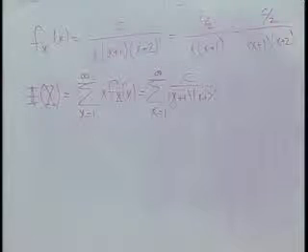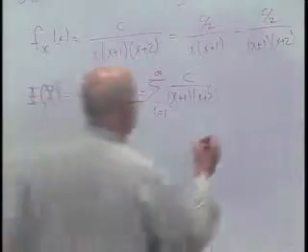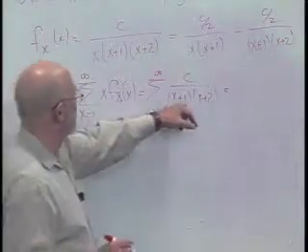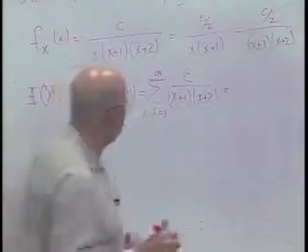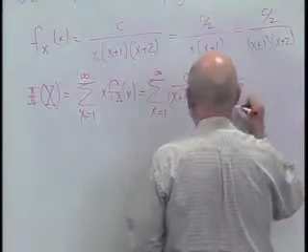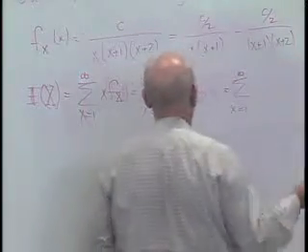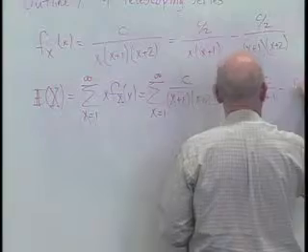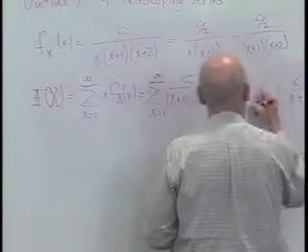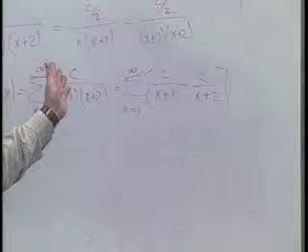Now, that one is really easy to write out, because 1 over x plus 1 times x plus 2 can easily be written as the difference of two fractions. This is c over x plus 1 minus c over x plus 2. Everyone happy with that? And now this poses an interesting problem.